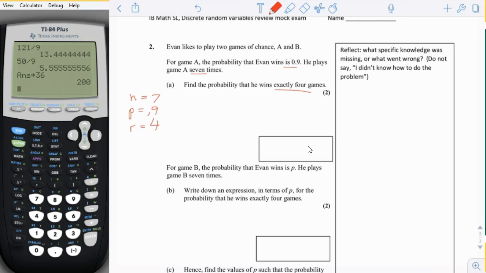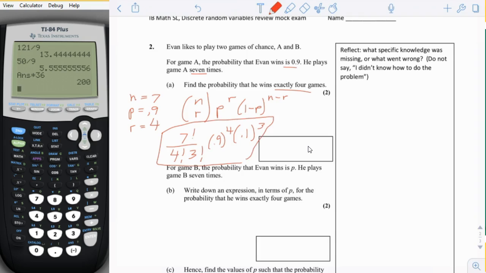So we could use the formula from the formula sheet, which is nCr times P to the R times 1 minus P to the N minus R. So that would be 7 factorial divided by 4 factorial times 3 factorial, times 0.9 to the 4th, times 0.1 to the 3rd, right? So we could multiply all this out, and then we're going to get a number here. Okay, so that's how you do it by hand.